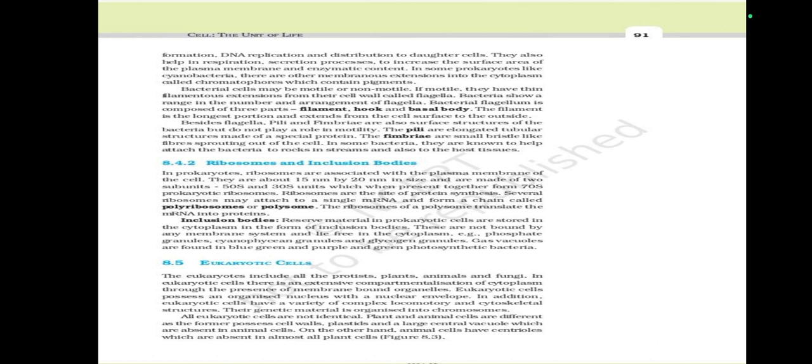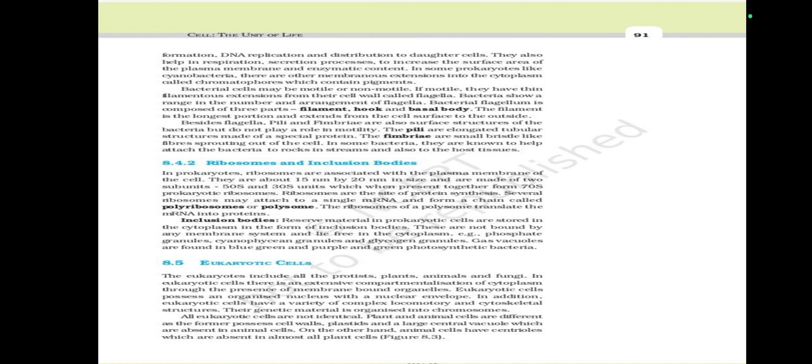Eukaryotic cells possess an organized nucleus with a nuclear envelope. In addition, eukaryotic cells have a variety of complex locomotory and cytoskeletal structures. Their genetic material is organized into chromosomes.